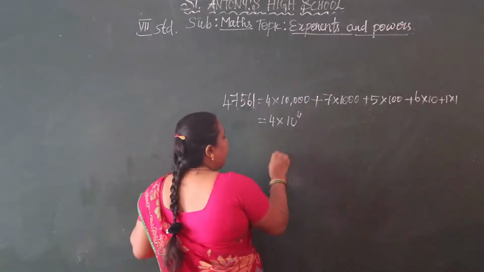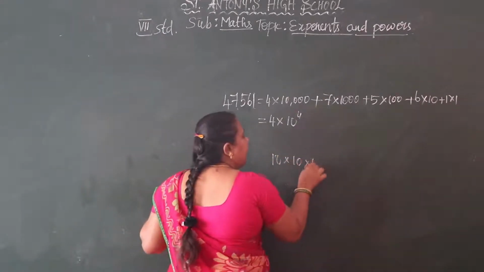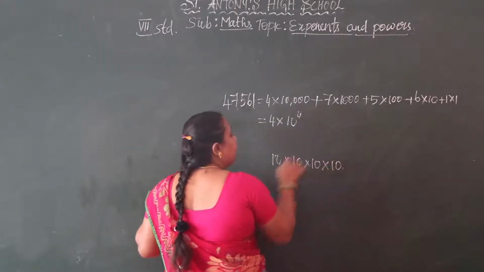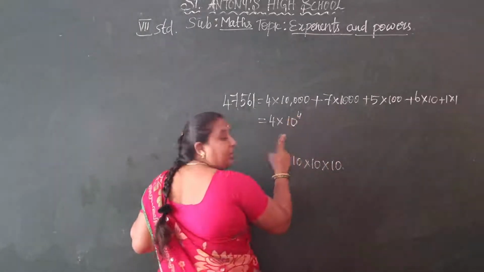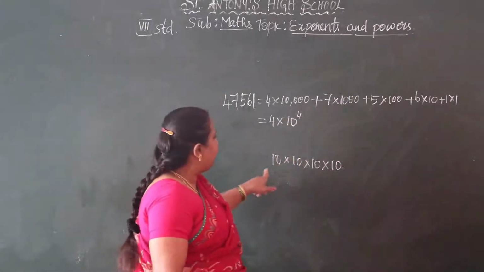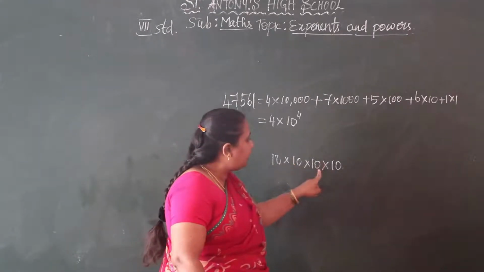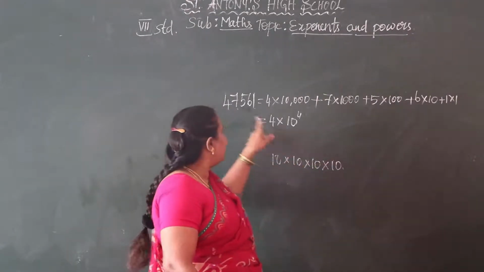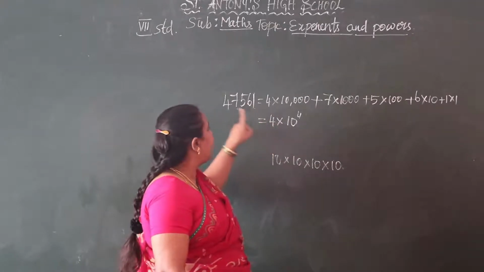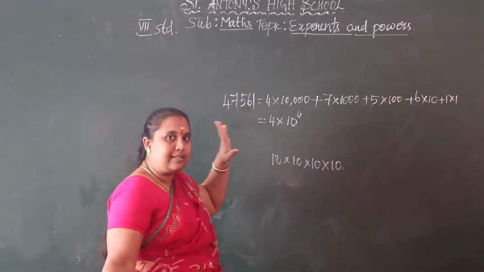So we multiply 10 into 10 into 10 into 10, 4 times. 10 tens are 100, 100 tens are 1000, 1000 tens are 10,000. So 4 is in the place of 10,000. Is it correct now?